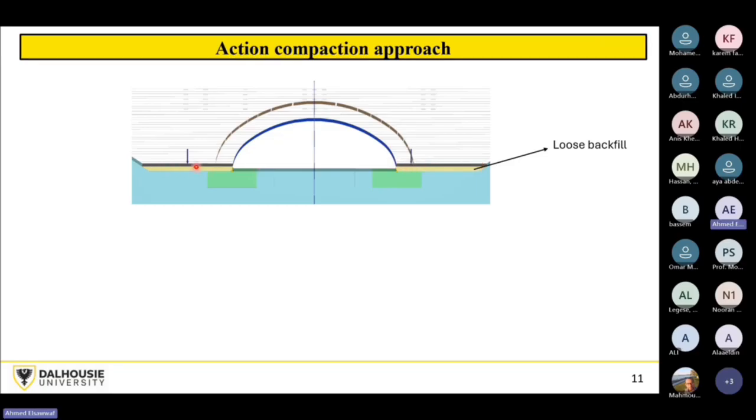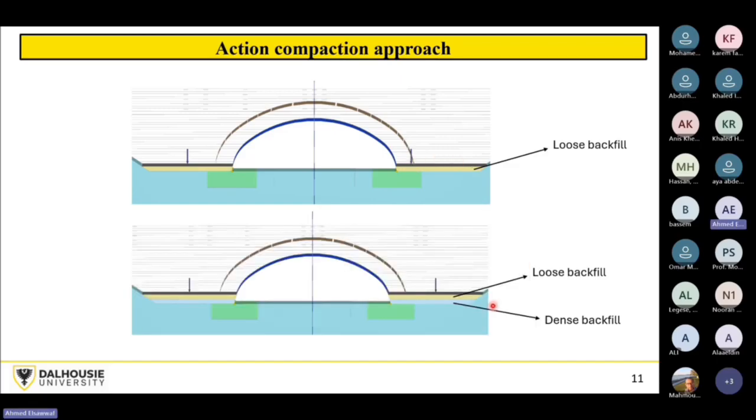We are simulating the compaction effort here as a surface surcharge of a value of 15 kPa. And this value was calibrated against a number of field tests, and it has been tested and verified that it's reliable to simulate the effect of the compaction machines going forth and back a number of times to compact the soil.